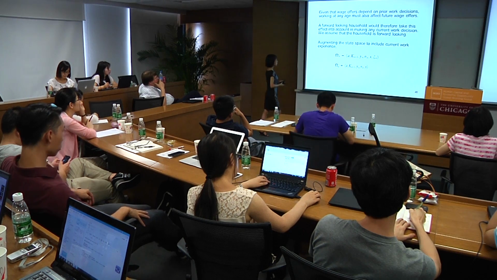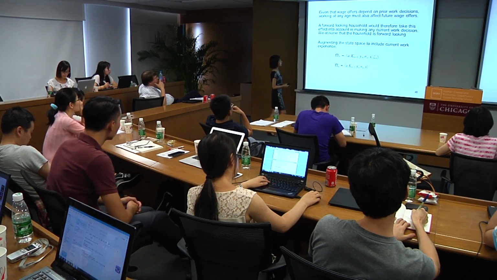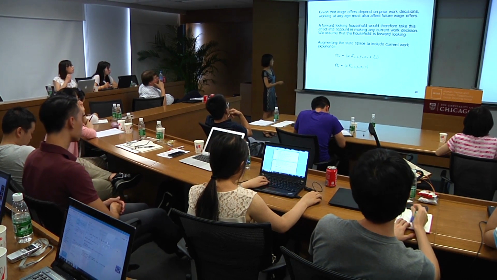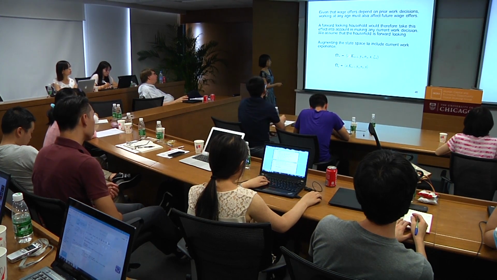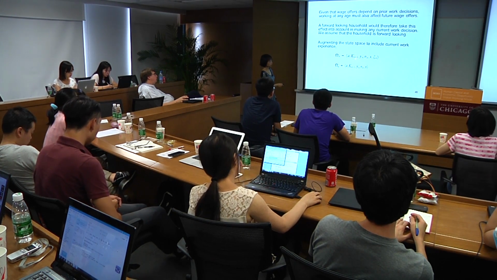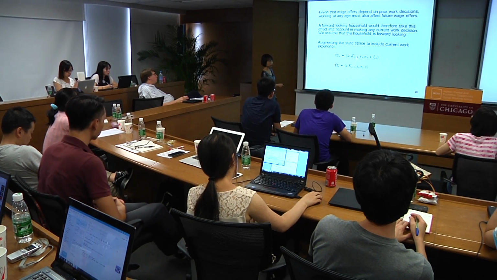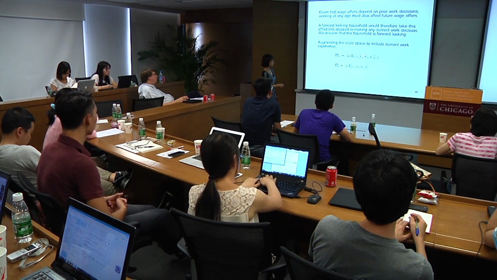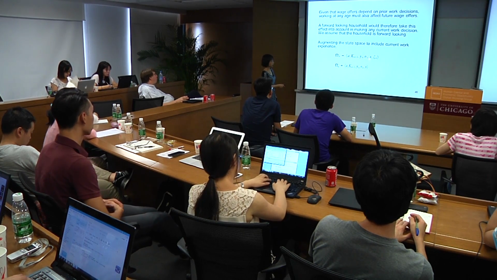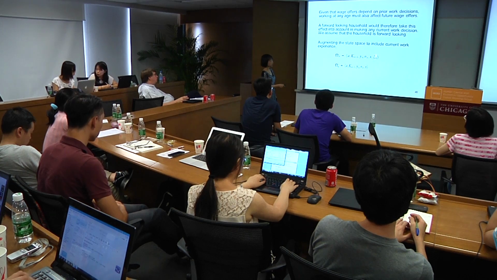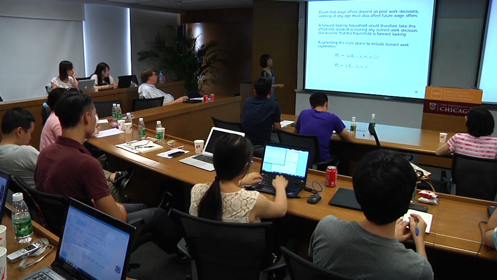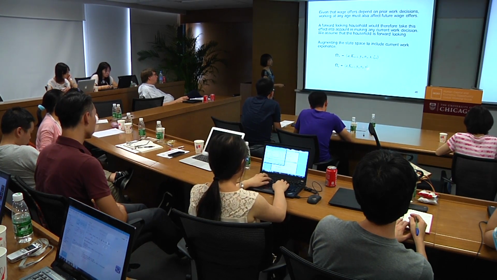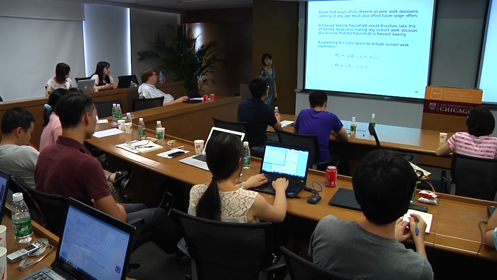So now, we can augment the state space to include the current work experience. So now your state space is your age, your experience at the beginning of the period, husband income at this period, number of kids, education, and the true wage shock. For the econometrician or researchers, we don't observe the wage shock.